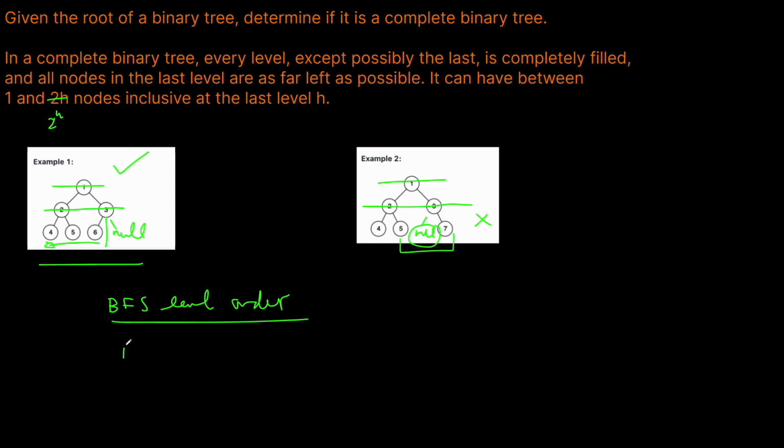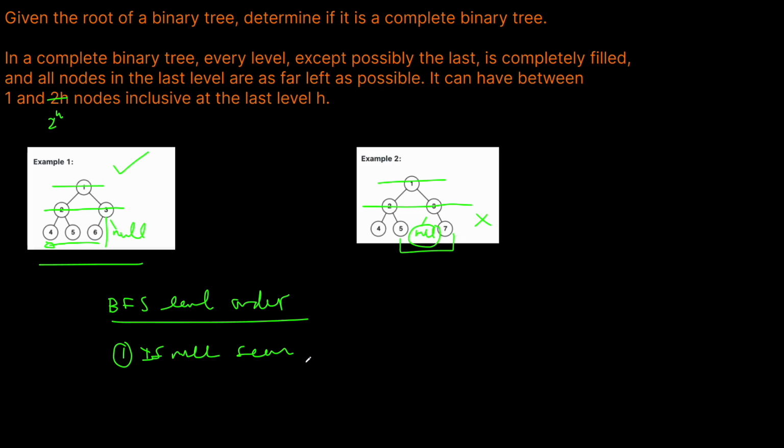And there's two things that we're going to look for. The first is, if we've seen a null, then we want to make sure that that's the last node on the level that is null, right? So let me rephrase that.